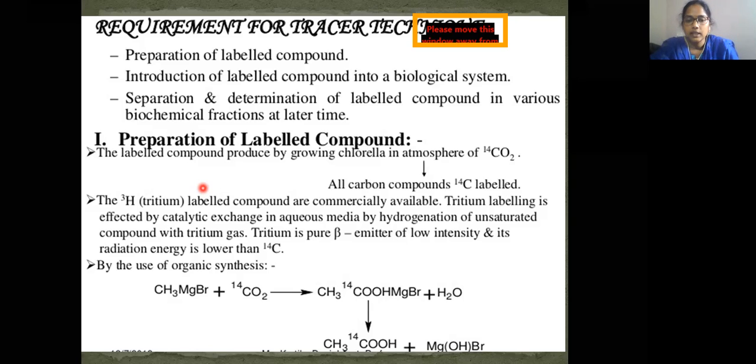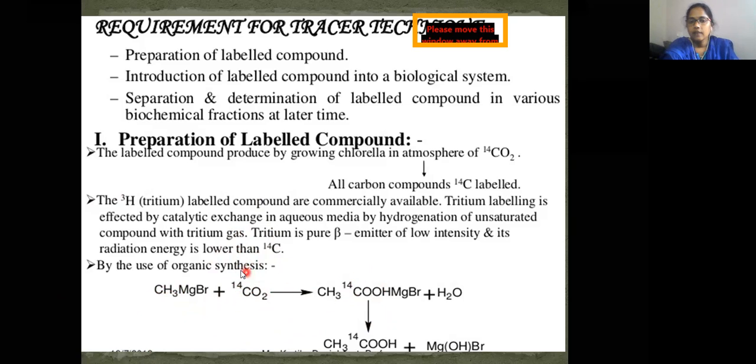What happens, one intermediate will be formed. So here we can see this is methyl magnesium bromide. On reacting with radio labeled carbon dioxide, this COO is introduced into this methyl group. So CH3 COO MgBr is formed. The COO is because of this carbon dioxide, right?